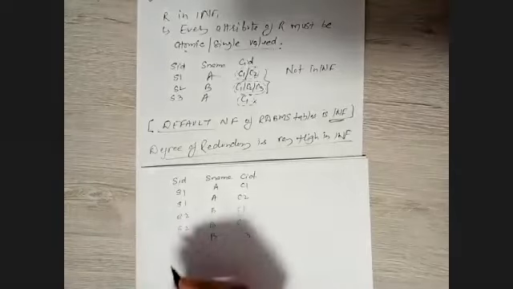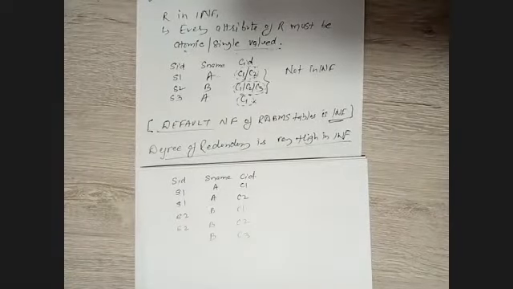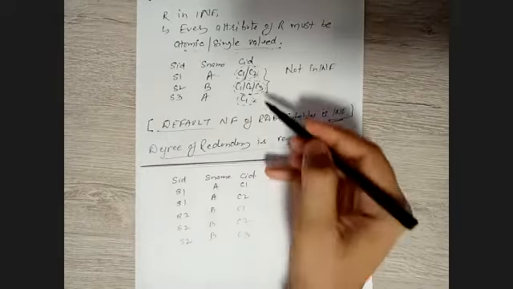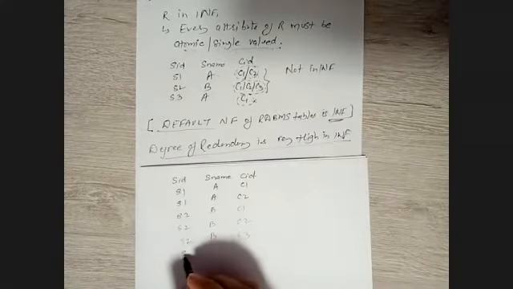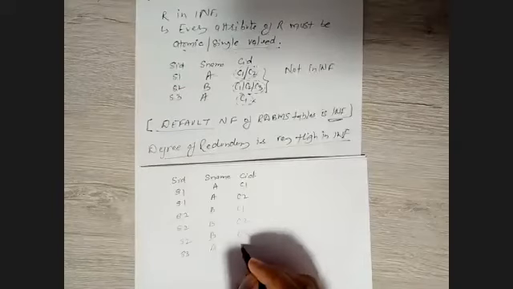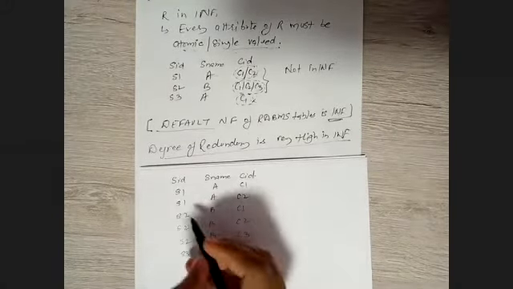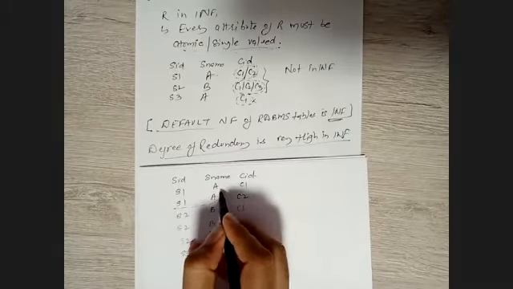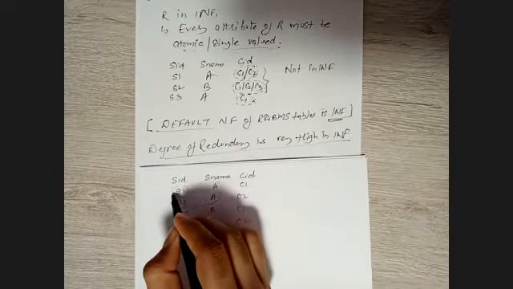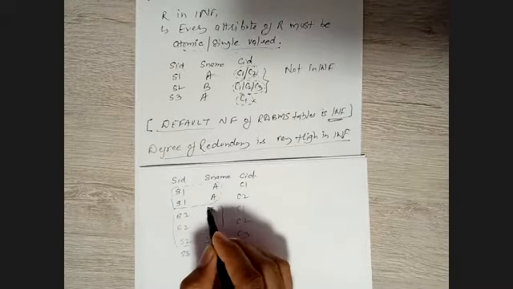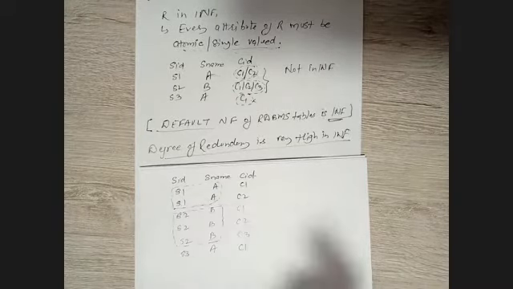I have just split it down, and this is S3 A and some C1. In the very beginning, I told you these are independent as well as redundant sets of attributes.